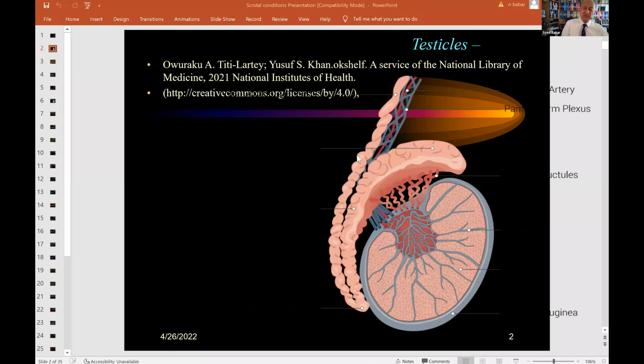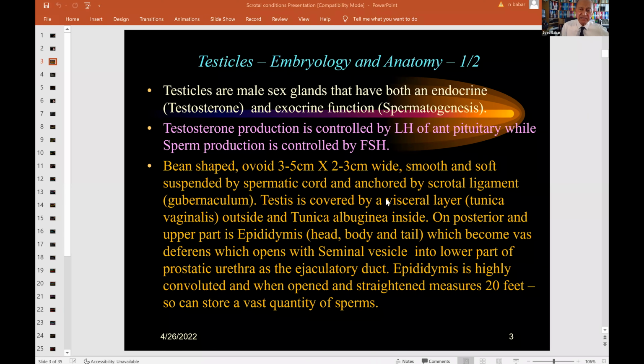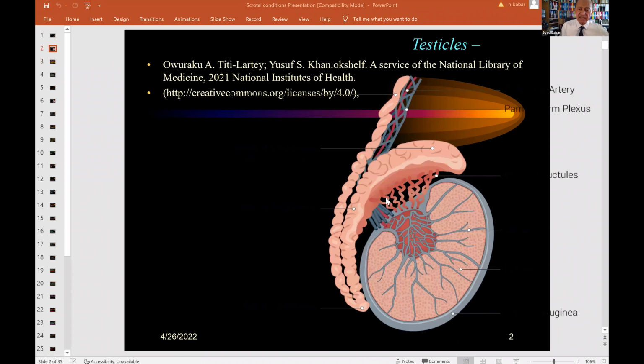Going back, the testicle is a bean-shaped structure covered by a white fibrous capsule called tunica albuginea, which contains compartmentalized areas.